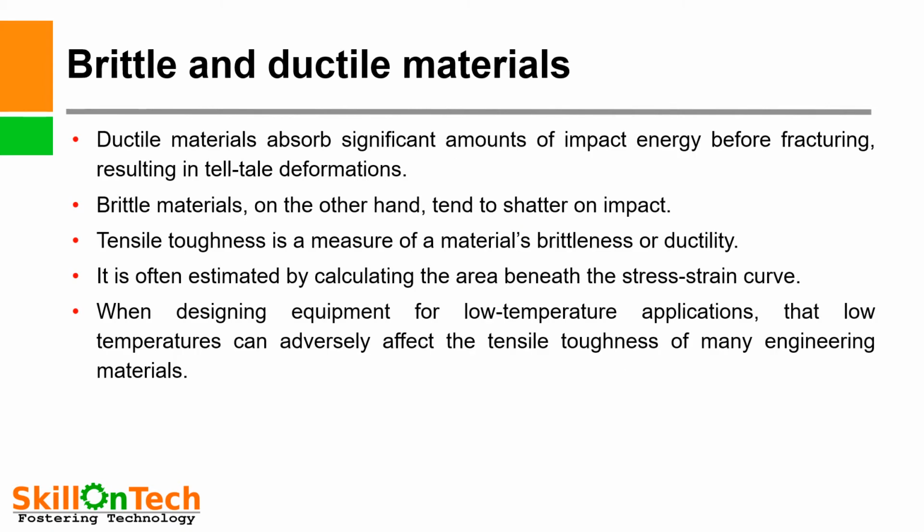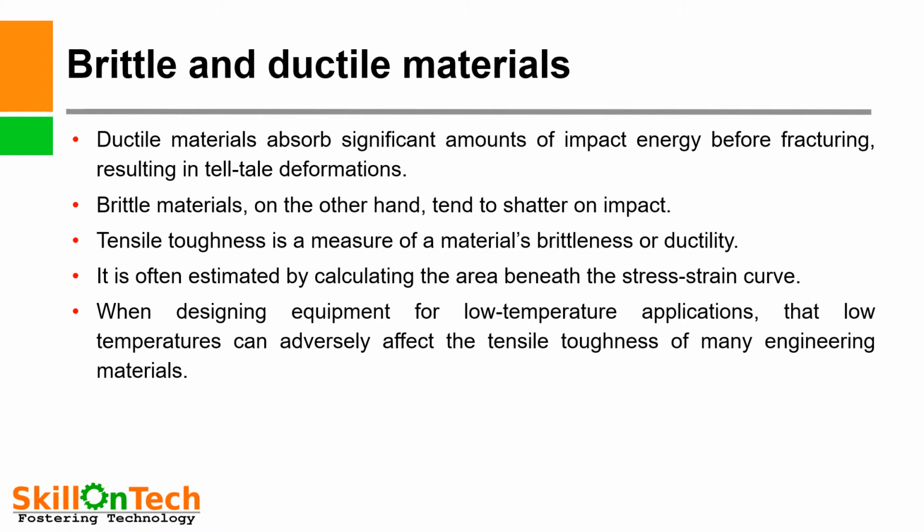Brittle and ductile materials. Ductile materials absorb a significant amount of impact energy before fracturing, resulting in telltale deformations. Brittle materials, on the other hand, tend to shatter on impact. Tensile toughness is a measure of material brittleness or ductility. It is often estimated by calculating the area beneath the stress-strain curve, as we discussed earlier.